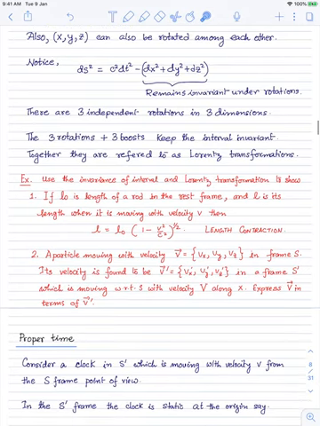You can also use this to find the relative addition of velocities. Let's say a particle is moving with velocity v in the S frame, and with another velocity v prime in the S prime frame.